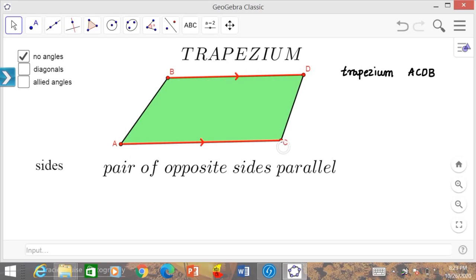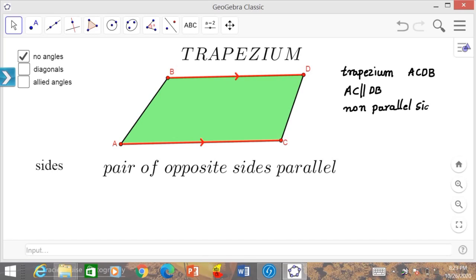Now which are the parallel sides here? Look at the arrow marks. Arrow marks are drawn on the lines AC and DB. So AC parallel to DB. Only one pair of sides are parallel, so it is a trapezium.